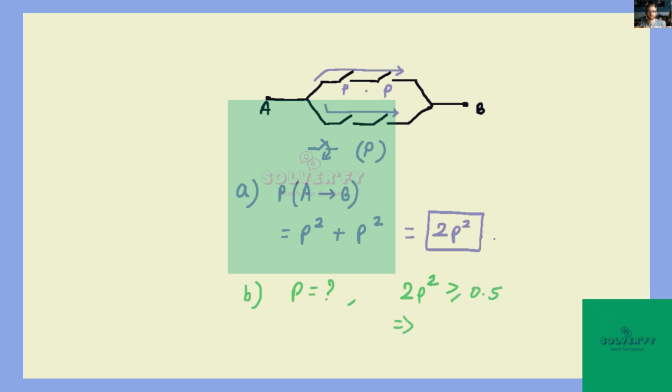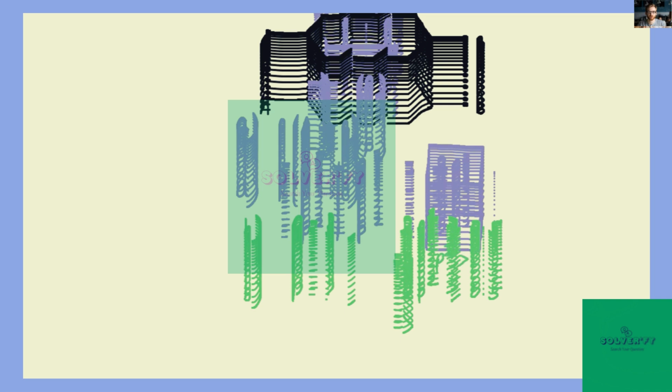So let's just solve this, and this implies that P squared is greater than or equal to 0.5 divided by 2, which is 0.25, and this means that P would be greater than or equal to 0.5, because we know that the probability is always positive. And as we have to get the least value of P, we can definitely conclude that the least value of P is equal to 0.5, and that's the required answer.